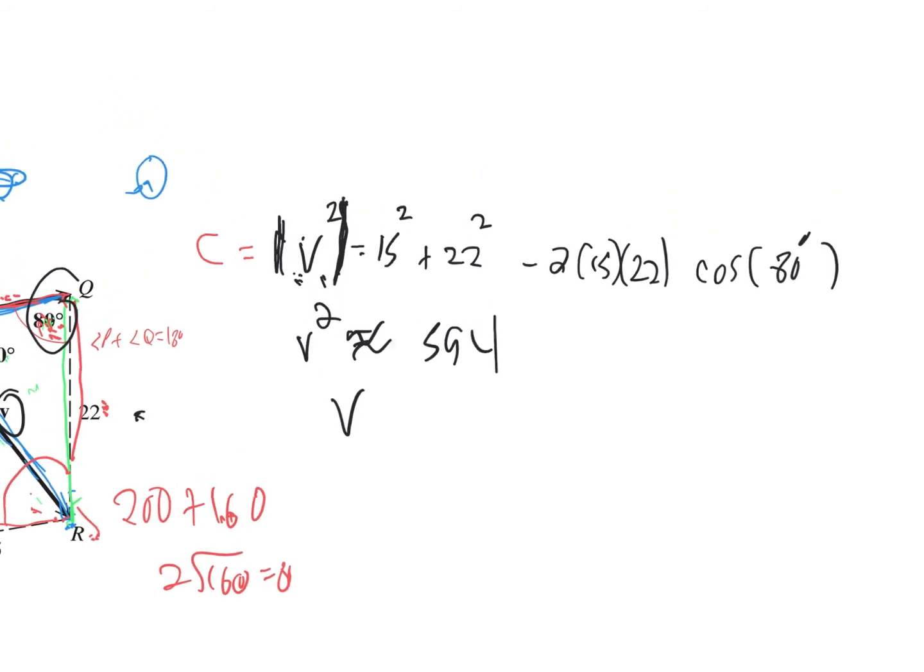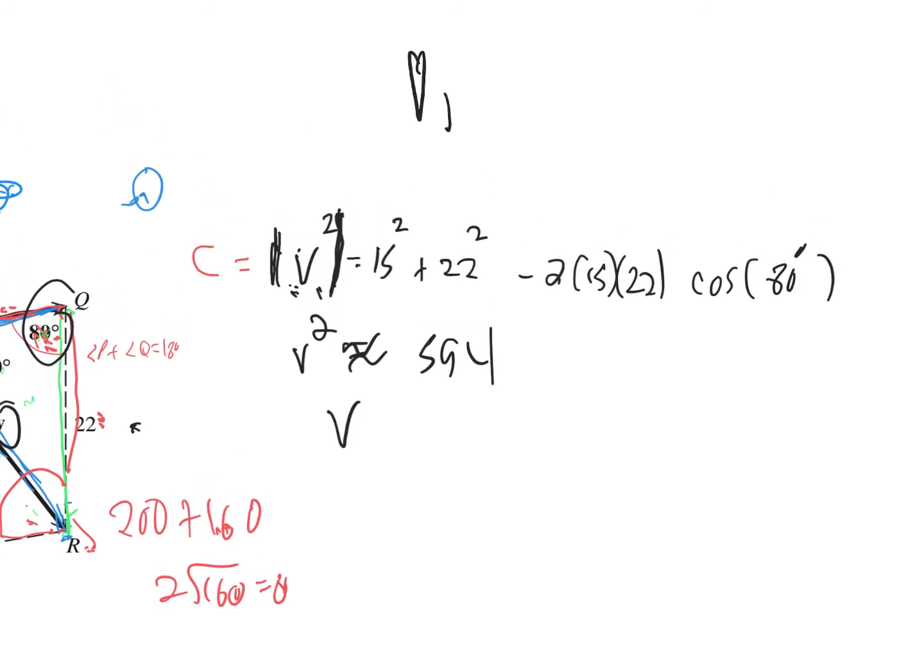I could also have said the length of PR. I could have done that just as well. And I could have squared that and whatnot. So the vector magnitude squared gives me the vector V is the square root of 594. And I already typed that in my calculator.